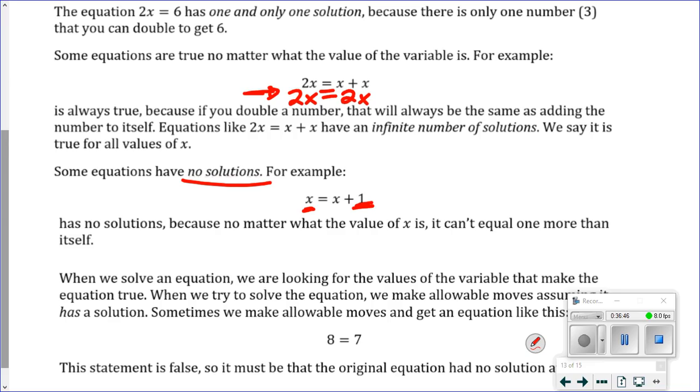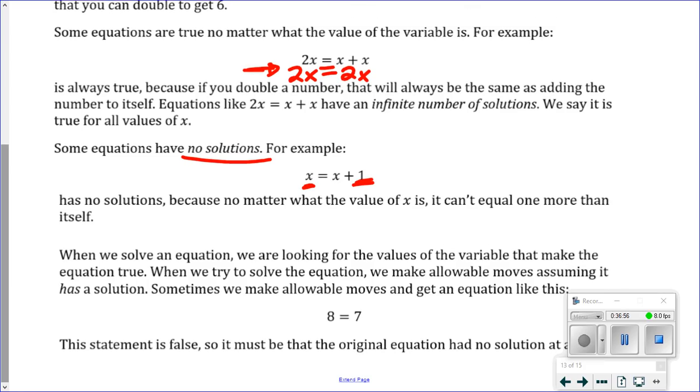And no matter what value I input into this equation for x, I will never get two equivalent sides. So it is important to realize at this time that equations can have one exact solution, all values or all solutions, or no solutions at all.